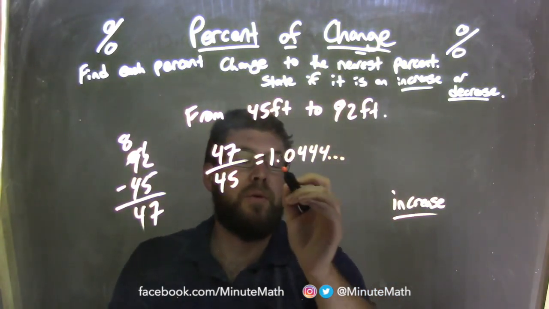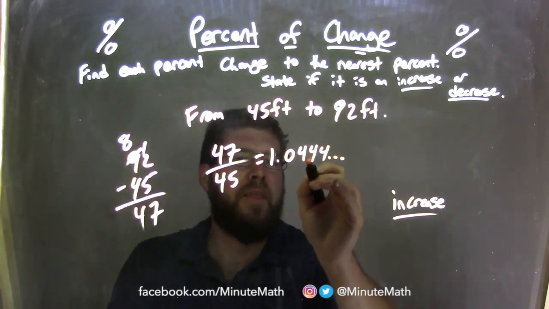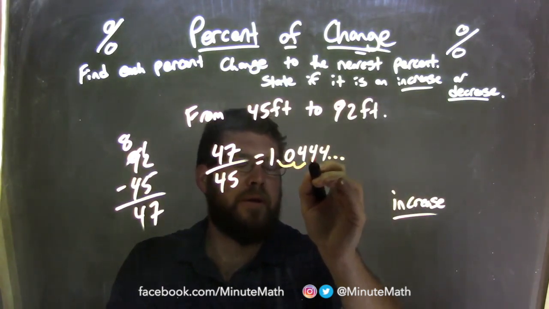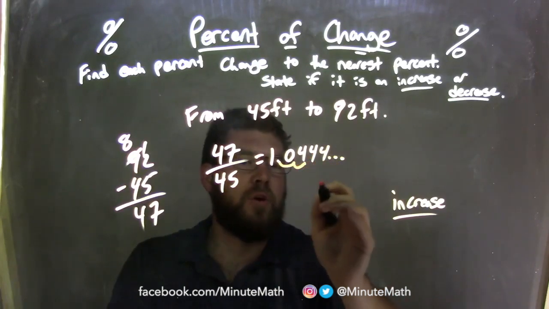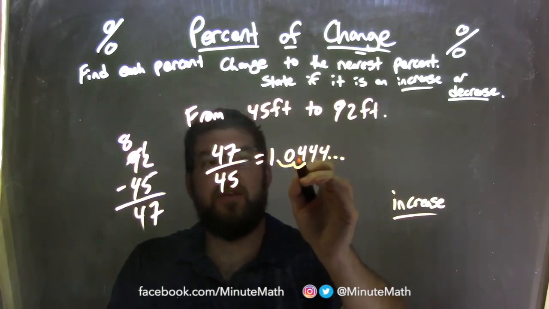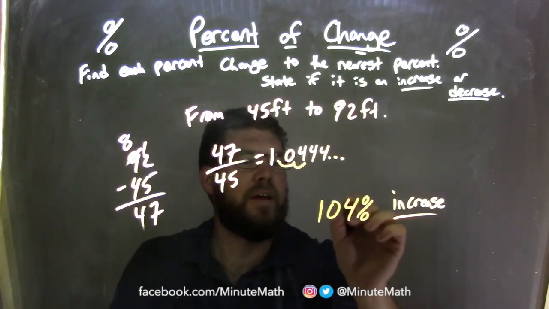Well, if I wanted to do percents, I need to move that over 2 units, right? So we have 104, and then I look at the next number to round it. It's less than 5. It's just 104.4, so it ends up just being 104. The total percent doesn't round up, so we have a 104% increase.